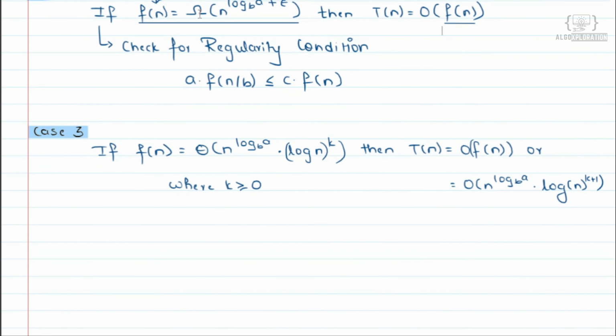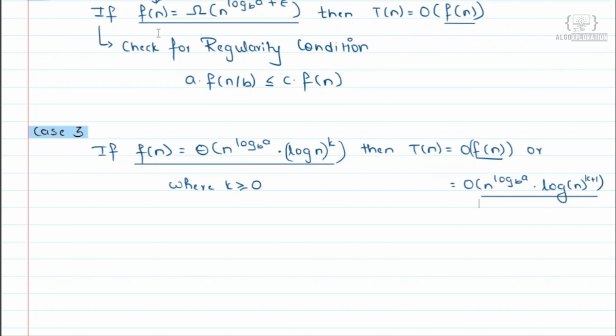And when both the terms are equal, that is f(n) = Θ(n^(log_b a) * log^k n), then we can put either f(n) or n^(log_b a) * log^(k+1) n.